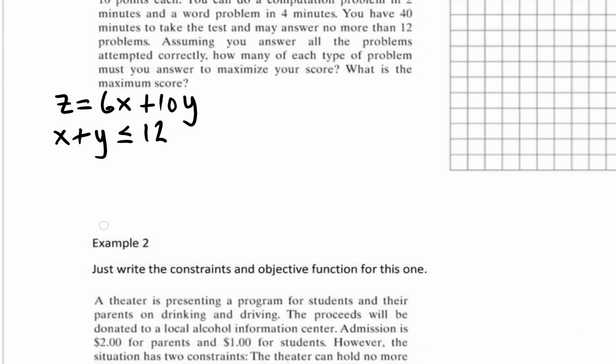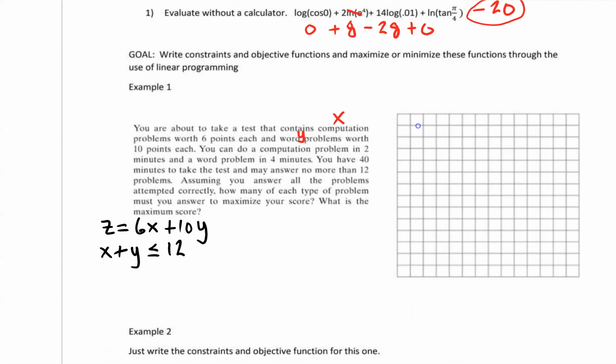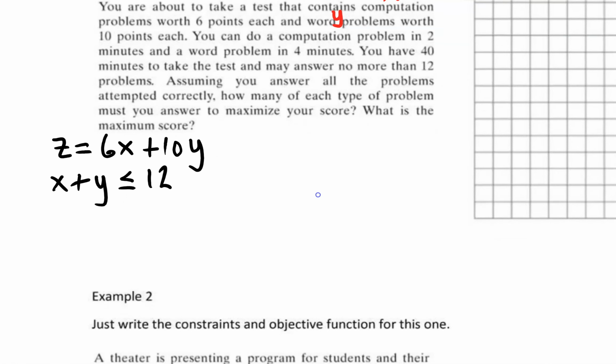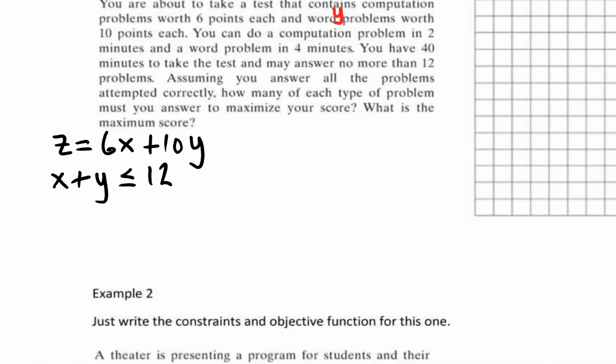The next thing that they're saying is, what did it say up here? You have 40 minutes to take the test. So 40 minutes to take the test means we're going to have the following. Computation problems take 2 minutes, and word problems take 4 minutes, and altogether you can't exceed 40 minutes.